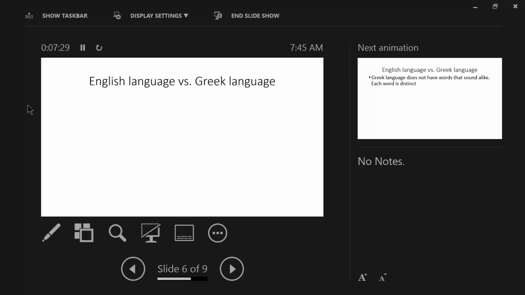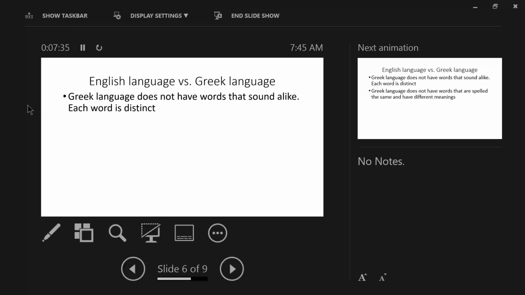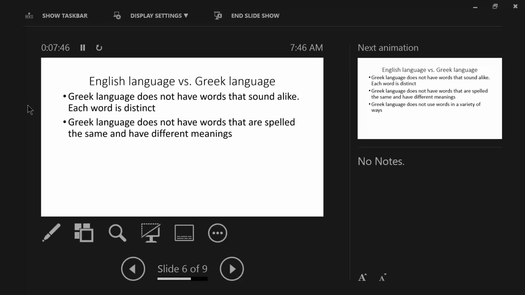Now, the English language versus the Greek language. Let's draw some summary here, okay? First of all, the Greek language does not have words that sound alike. Unlike the English language, each word is distinct. The Greek language does not have words that are spelled the same and have different meanings, like the English language does.